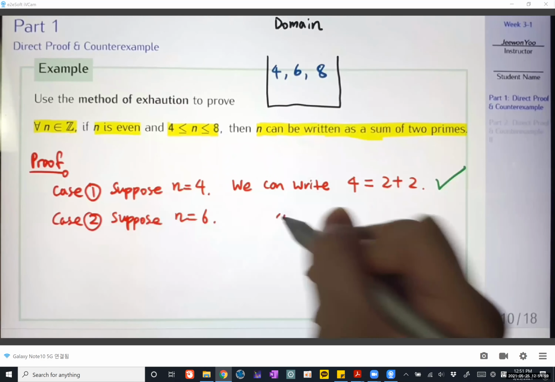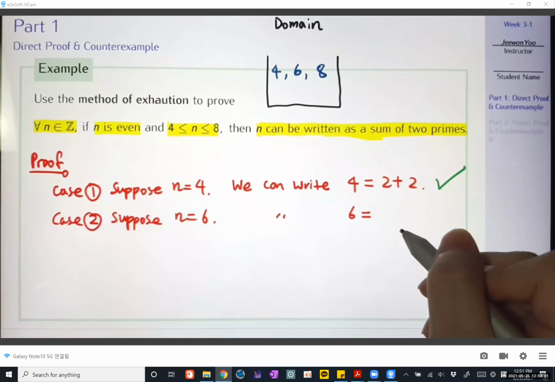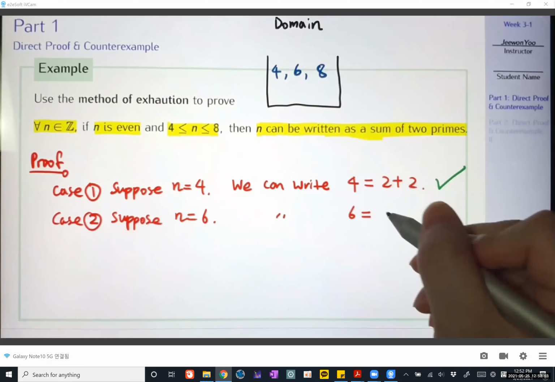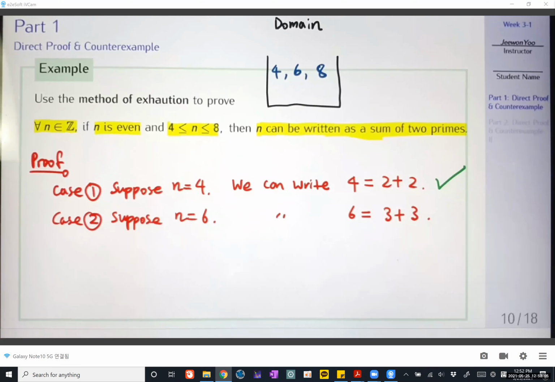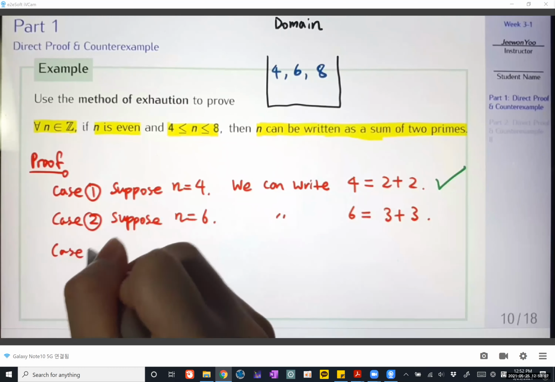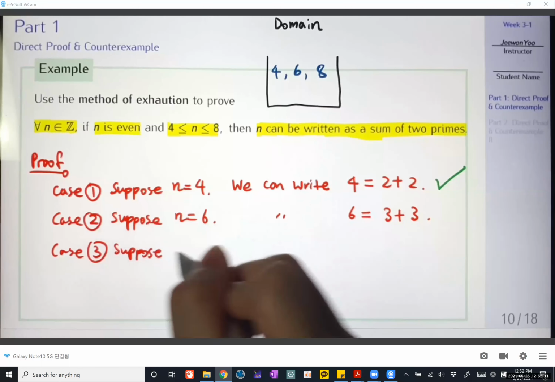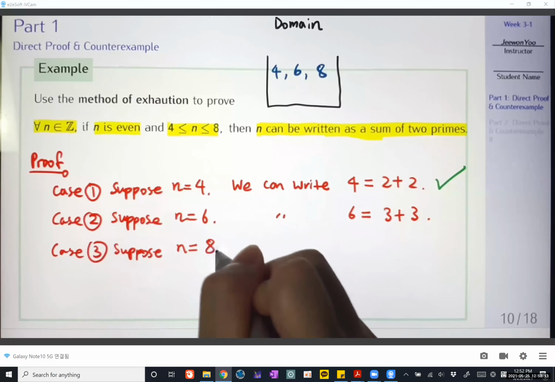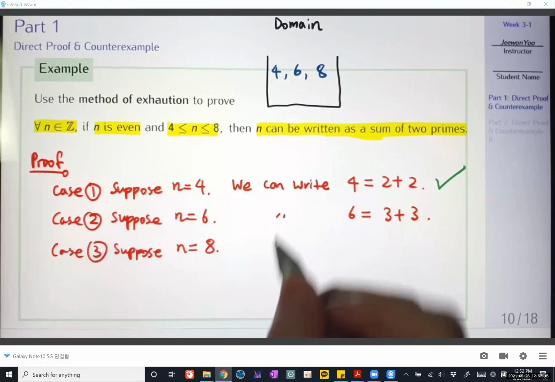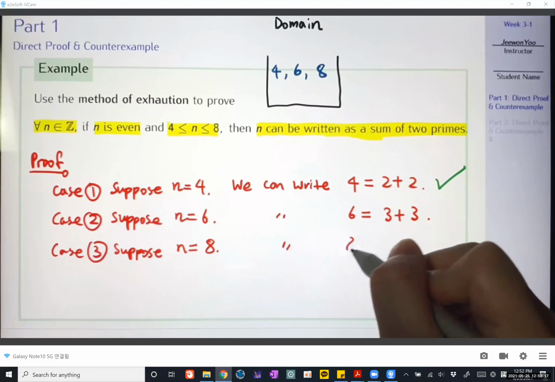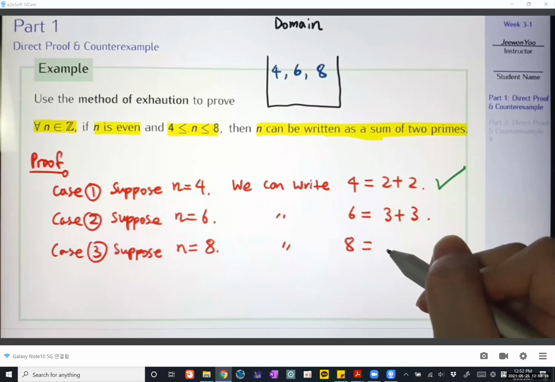We can write 6 in terms of 2 primes, say 3 plus 3. And case 3, suppose this time we chose n to be 8, which is the last number in the domain. We can write 8 is equal to what plus what? 3 plus 5.